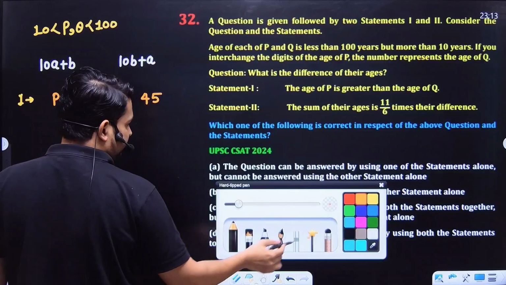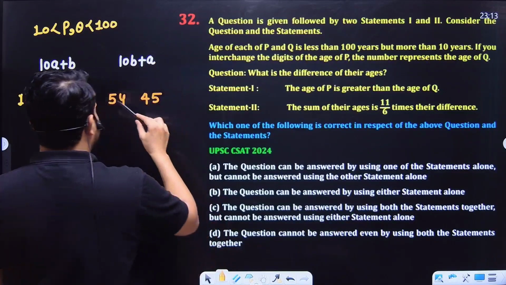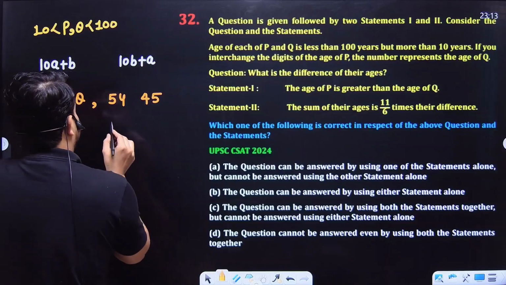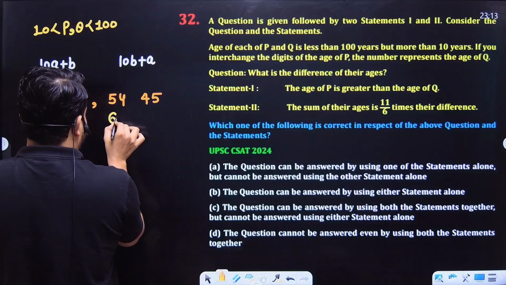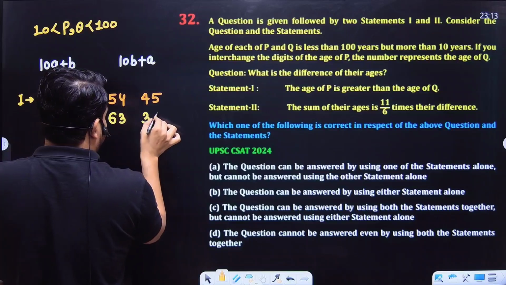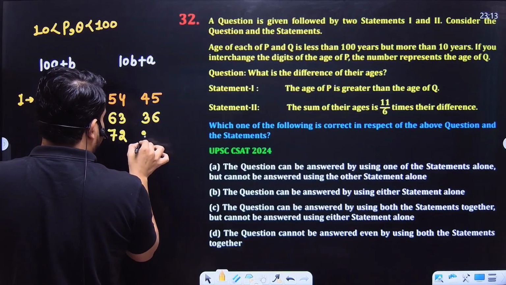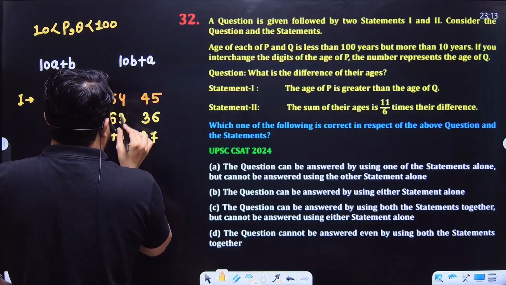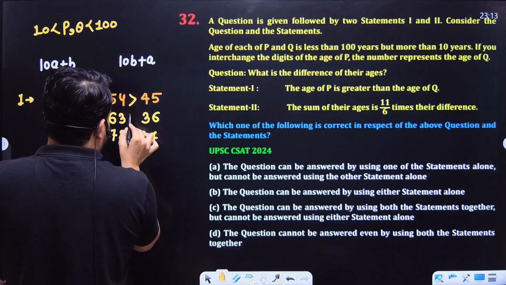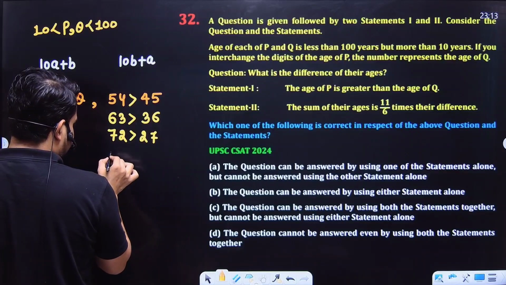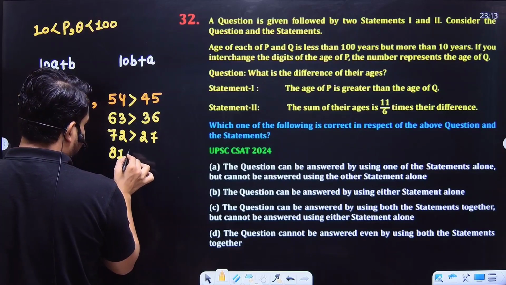Here P is greater than Q. If P is 63, then Q is 36. If P is 72, then Q is 27. If it is 81, then I have 18.